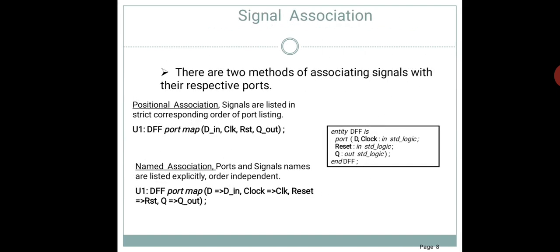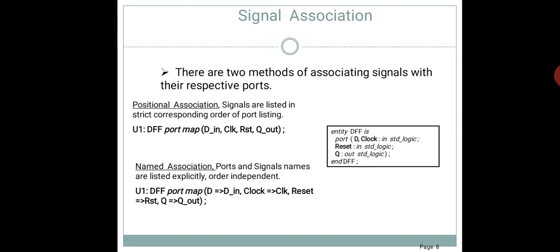Now, while performing structural modeling, there are 2 methods of association of signals. In the first case, we can have a positional association, where we should strictly maintain the sequence with which the component is defined, and we can directly write U1 D flip flop port map.